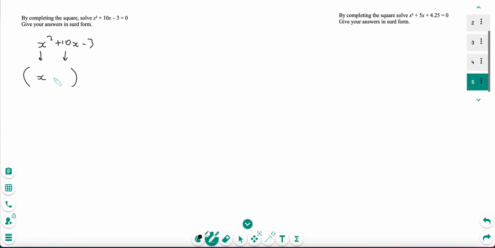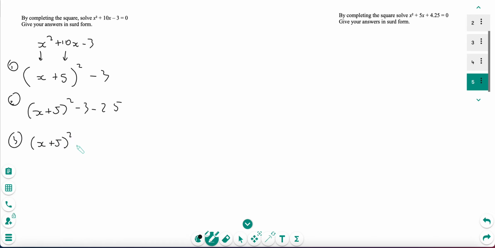Half that 10 to make +5 squared minus 3. 5 squared is 25. How do I get from 25 back to 0? Well, I minus 25. So x plus 5 squared minus 3 minus 25. We'll simplify. So x plus 5 squared minus 28.